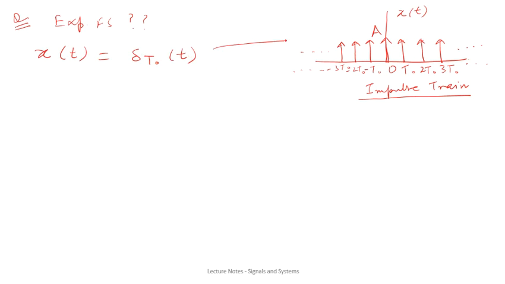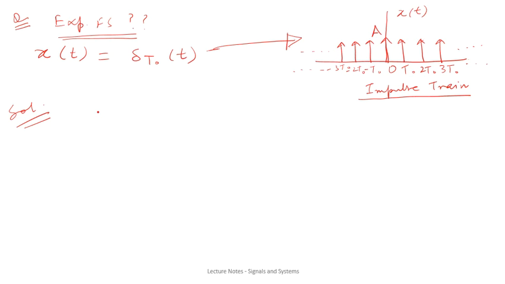This is being depicted here. This is the impulse train, and from this result sketch the line spectrum and write the trigonometric Fourier series for this particular signal. So first of all you just have to find the exponential Fourier series, and then we'll see how to plot its spectrum by using the exponential Fourier series coefficient.